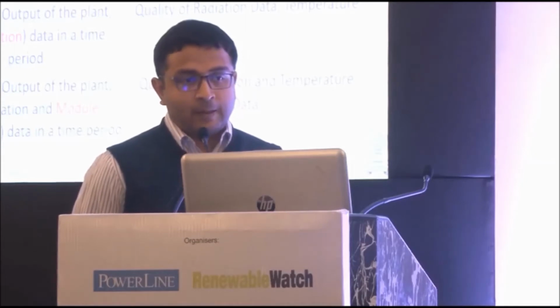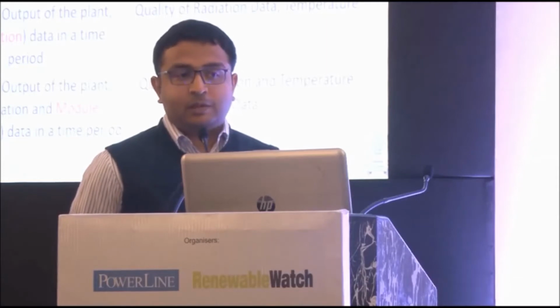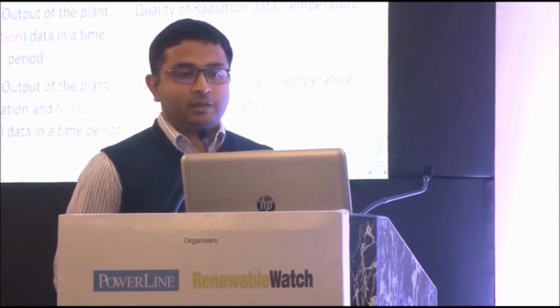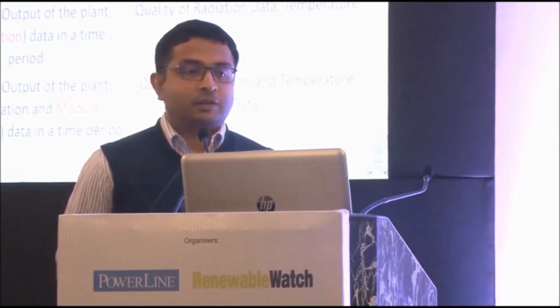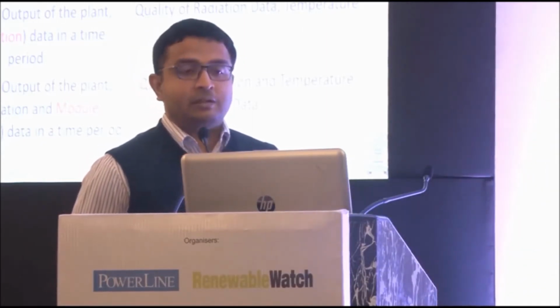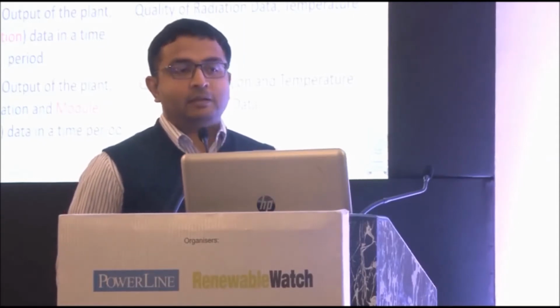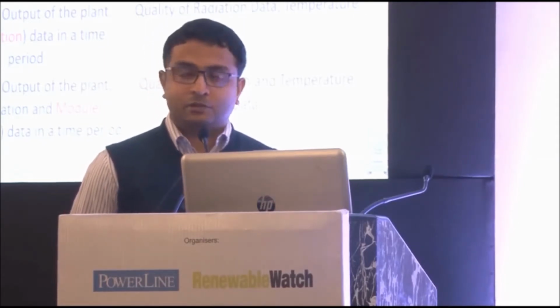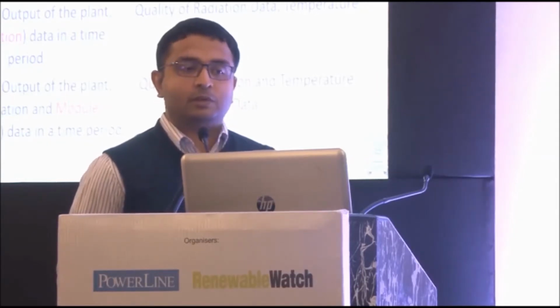But it is also affected by the radiation and temperature of the plant and also the temperature coefficients. Right? The performance ratio, for that you need hourly data of the AC output of the plant and plane of array radiation data as well in a certain time period. But it is also affected by the quality of that radiation data as well as the temperature of the plant, among a few other things. Right? And in case of temperature corrected performance ratio, in addition to PR, what you need is the module temperature data as well, hourly module temperature data.